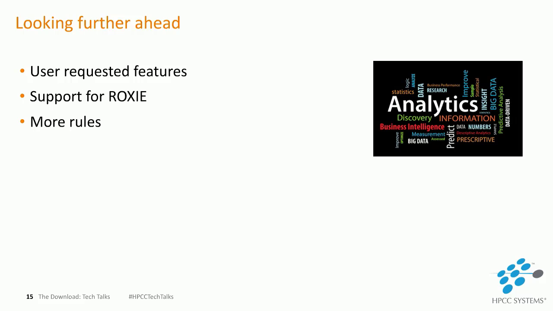Apart from the user requested features, in the long term, I'm looking to implement this version for Roxie. We haven't done it so far because it's a completely different engine, and it requires a different set of rules. The statistics are different, the issues are going to be different, and we can't analyze Roxie in the same way. It has to be very, very fast. We can't add an extra second to Roxie's execution time.